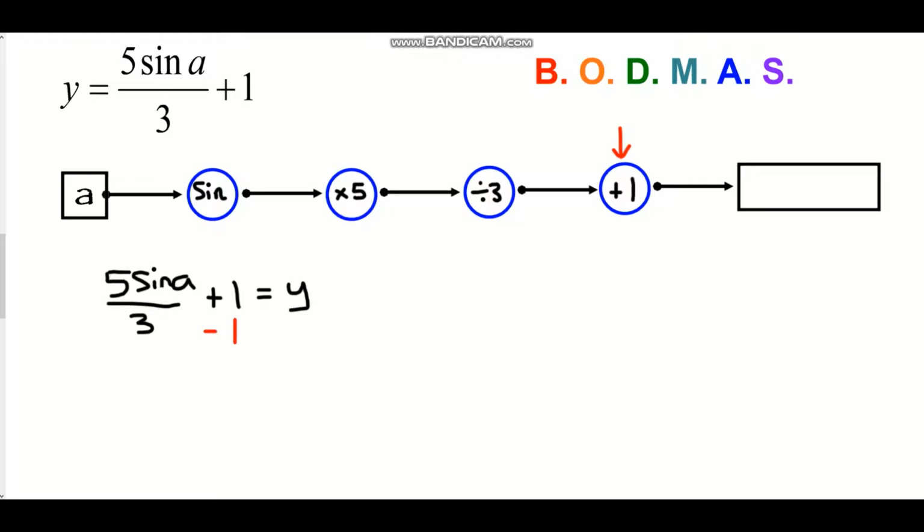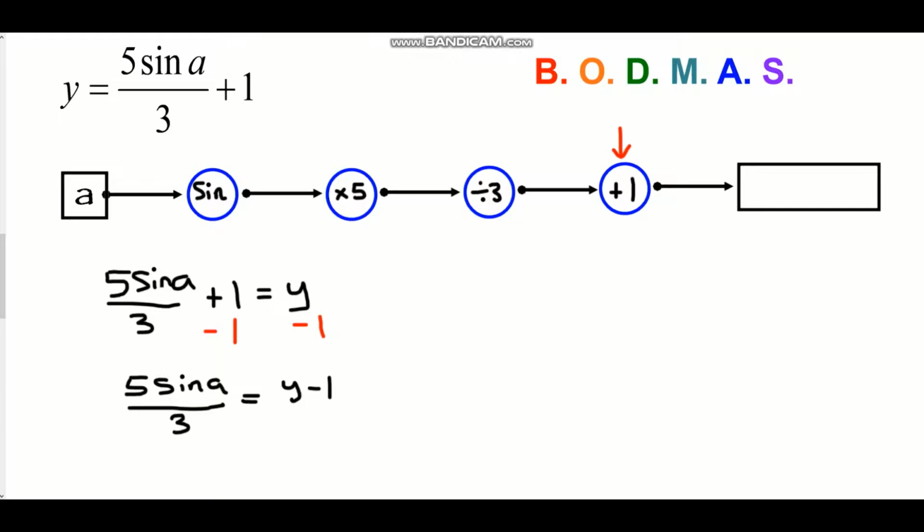I take away 1 from here, and I'm going to take away 1 from the other side of the equal sign as well. That gives me 5 sine A divided by 3 is equal to y take away 1.